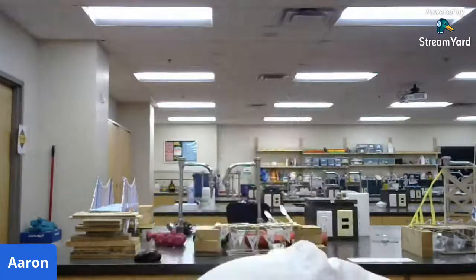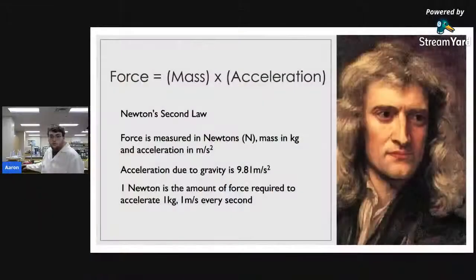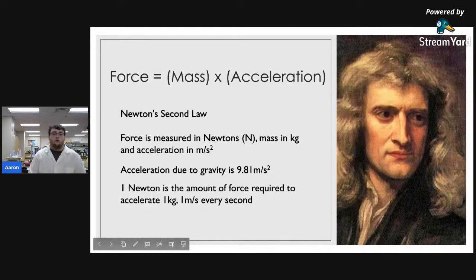So 1 second after I dropped it, its speed is 9.81. 2 seconds after I drop it, its speed would be about 19.6 meters per second. So 1 newton is the amount of force required to accelerate a 1 kilogram object 1 meter per second every second.